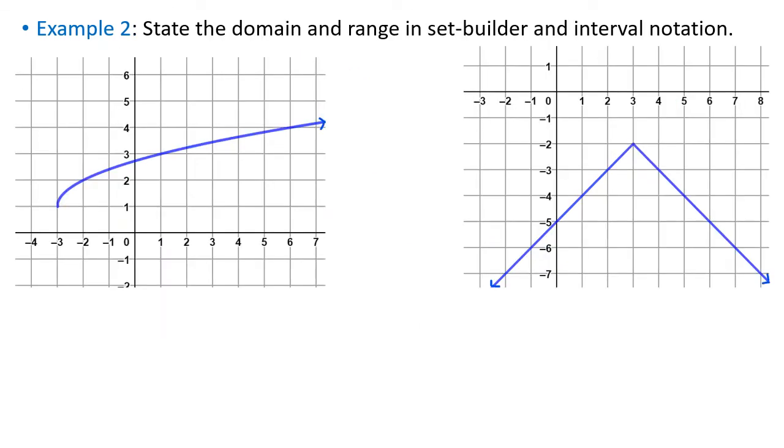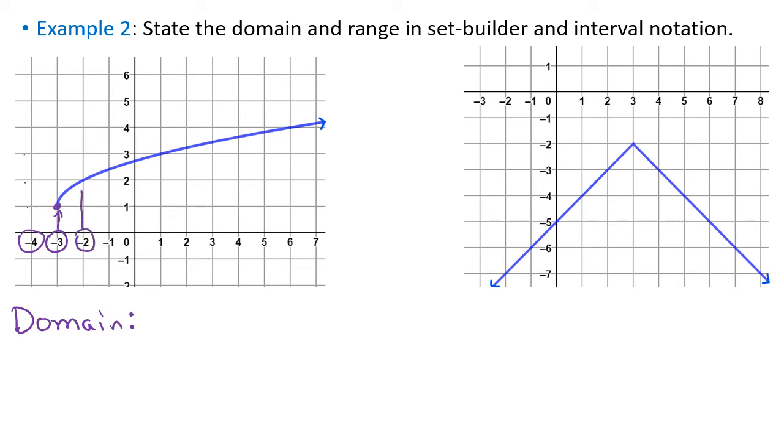Domain and range. So this is a little review of Algebra 1. Domain is the x values that create our graph here. So looking at this graph, we can see that at negative 4, there's nothing for the blue line. There's no blue line here at negative 4 if we look up or down. When we get to negative 3, we see a point on that blue line.